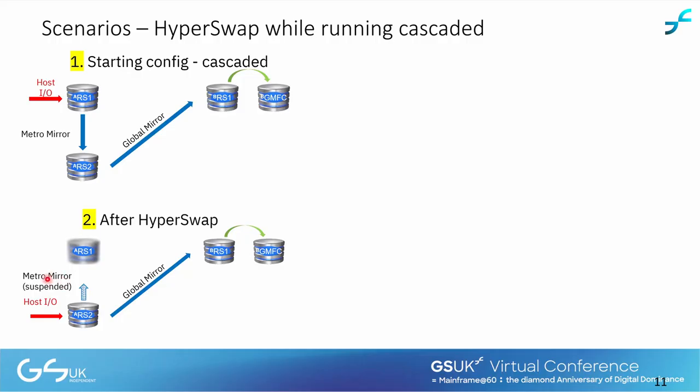When Metro Mirror suspension takes place during a HyperSwap, a freeze is initiated, which drains information from your RS1 devices down to your RS2, making the devices similar to one another at the time that the event or failure has taken place.